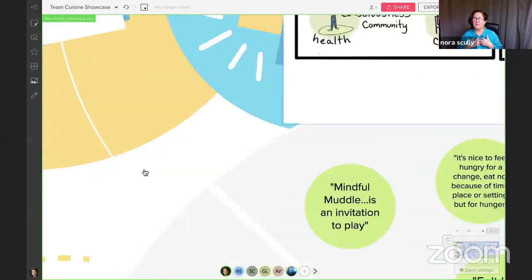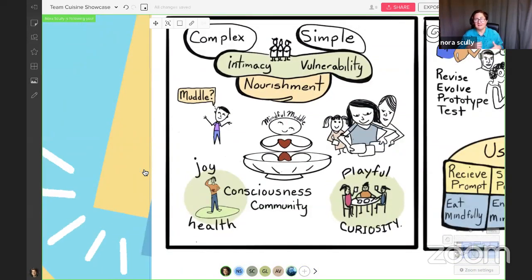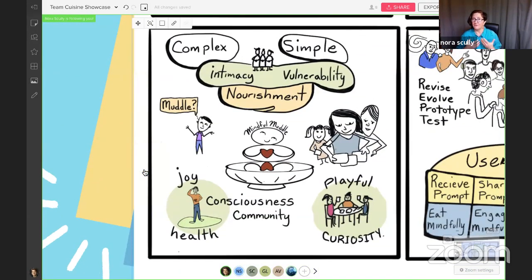And that we really saw that the cards touched this intimacy and vulnerability that food and what that is in our lives really means in relationship to nourishment. There was also a playful aspect and a lot of curiosity, and that joy and health were also considered in terms of opening our consciousness and creating community. And people were like, muddle? Why muddle? They were muddling through the muddle.